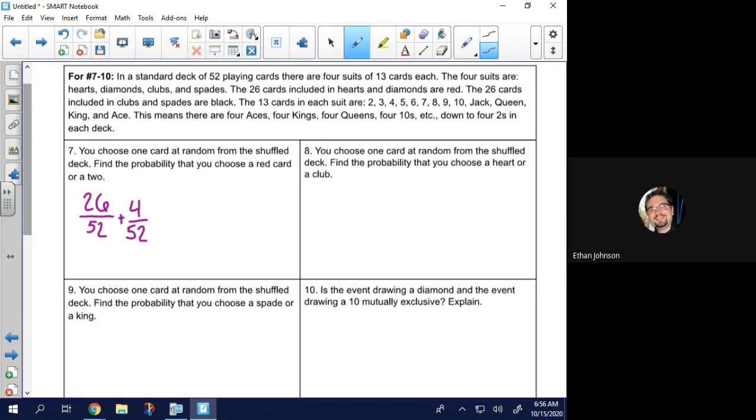But once again, I need to think, do we have any 2s that are red? Well, since we have a 2 in each suit, heart, club, spade, diamond, 2 of those suits are red, so I need to subtract 2 out of 52. So I know my bottom is going to be 52. And 26 plus 4 minus 2 is 28.